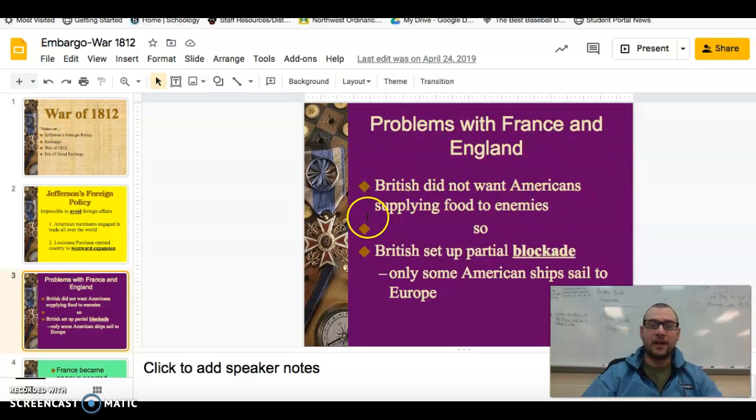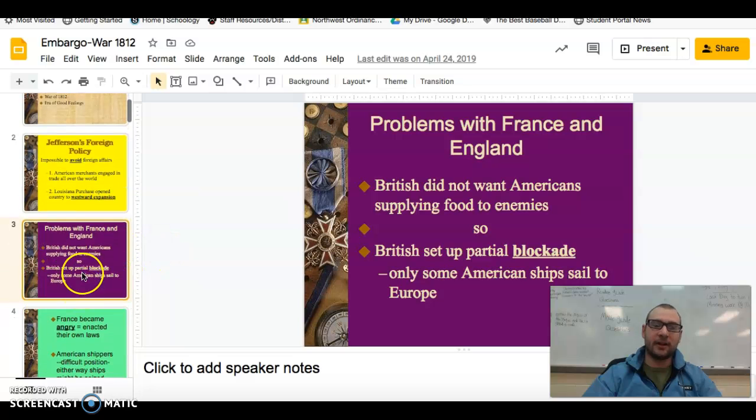So problems with France and England. The British did not want Americans to supply food to their enemies, basically France. So Britain set up partial blockades. Only some American ships could sail to Europe. Basically, they're cutting off our ability to sell stuff to other countries, and that is what makes many Americans mad.